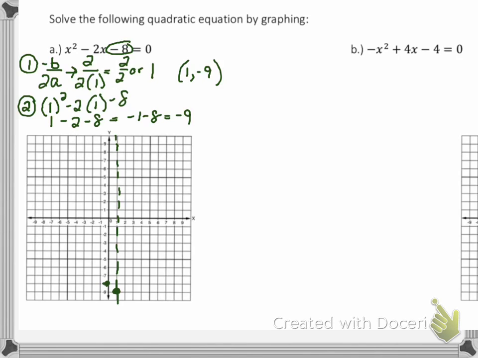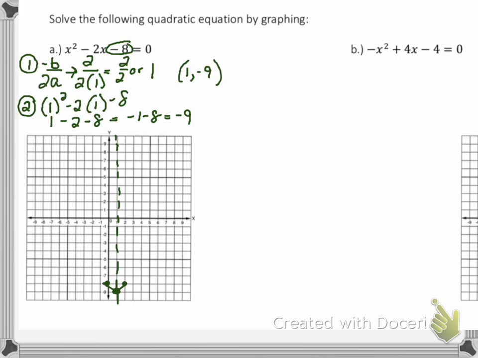When I'm reflecting, I'm just counting: that negative 8 is 1 to the left of the line of symmetry, so I'm going to go 1 to the right. Now my dilemma is, I find the solution to a quadratic equation by where the line crosses the x-axis. Obviously I'm not quite there yet, but maybe it'll cross when x is negative 1.